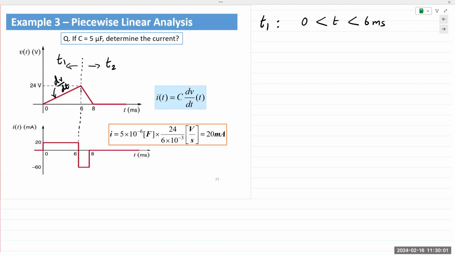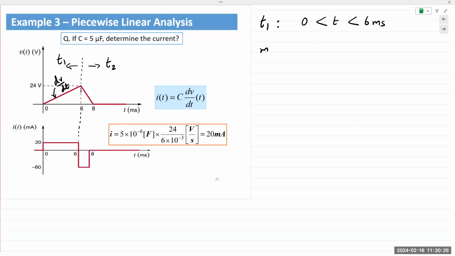In this case it is not explicitly stated, but a small error of overlooking the units and the unit prefix will mean that your answer turns out to be incorrect. Here the units on the x-axis are labeled as milliseconds, so you have to take into account 10 raised to minus 3. So time period T1 is between 0 and 6 milliseconds.